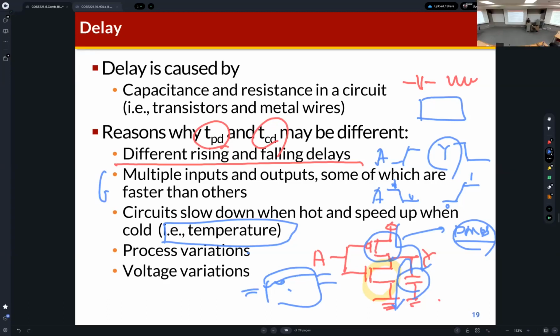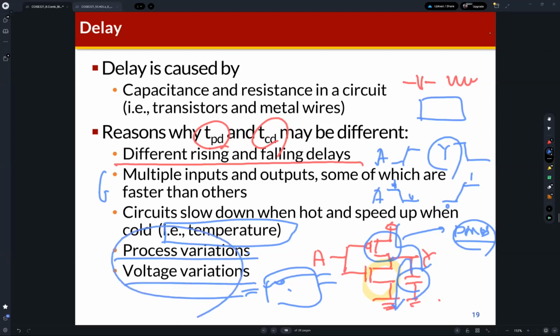Okay, and then also there can be process variation or voltage variation. Actually, the delays are determined by temperature, voltage and process. The voltage level also can be changed in our circuit.